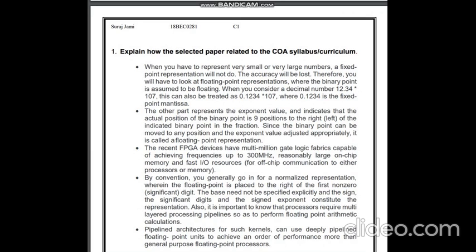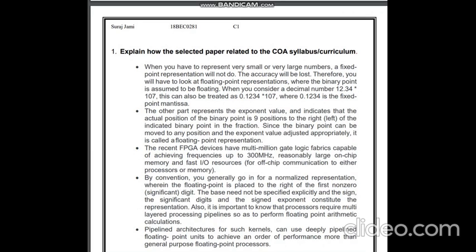Recent FPGA devices have multi-million gate logic fabrics capable of achieving frequencies up to 300 MHz, reasonably large on-chip memory and fast I/O resources, for on-chip communication to either processors or memory. By convention, you generally go for a normalized representation wherein the floating point is placed to the right of the first non-zero significant digit.